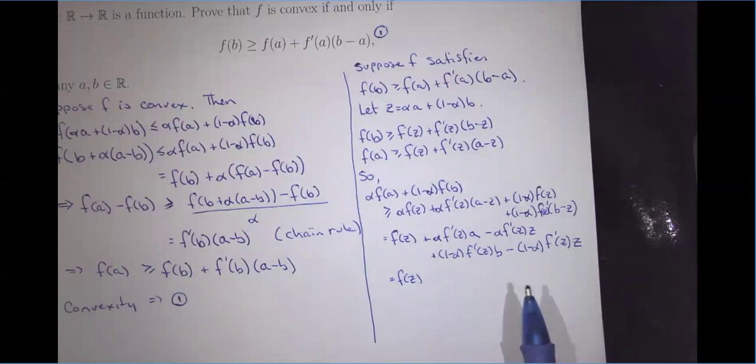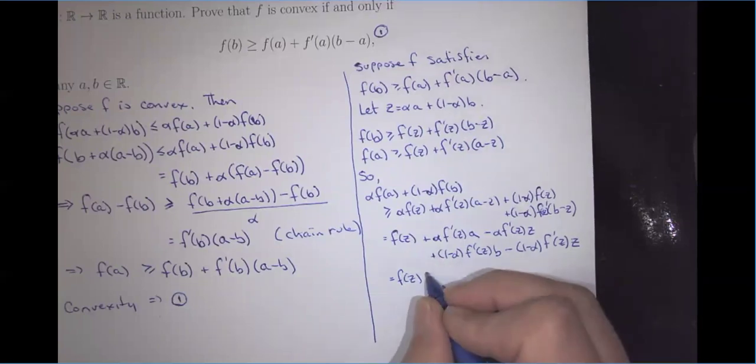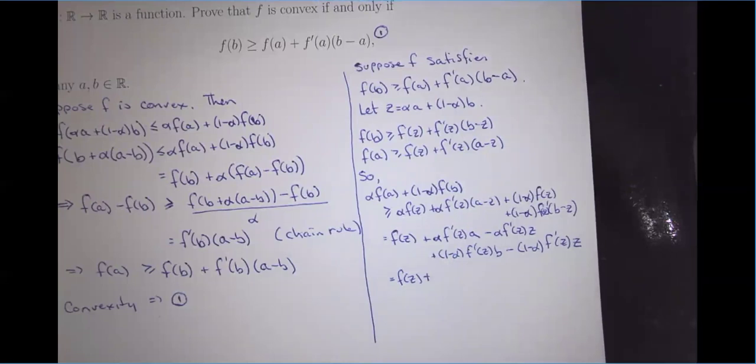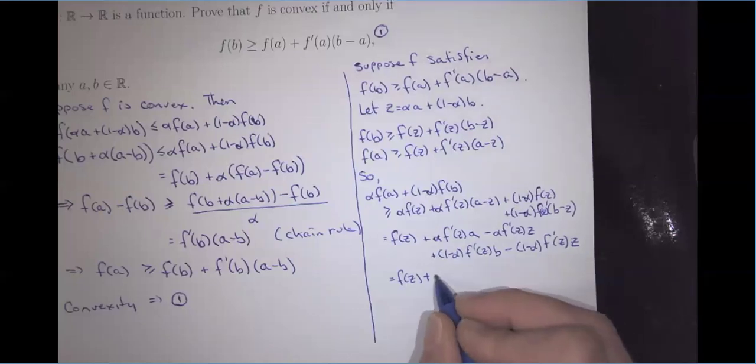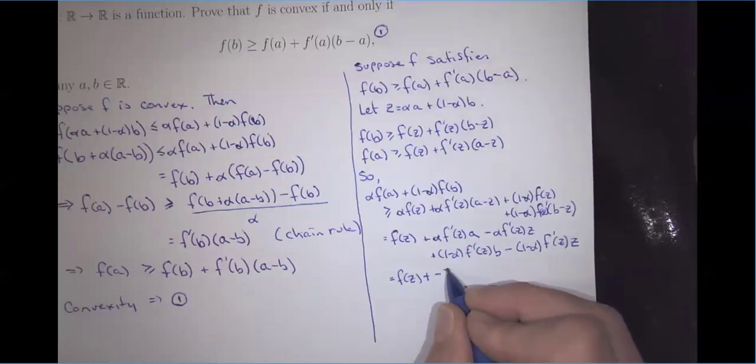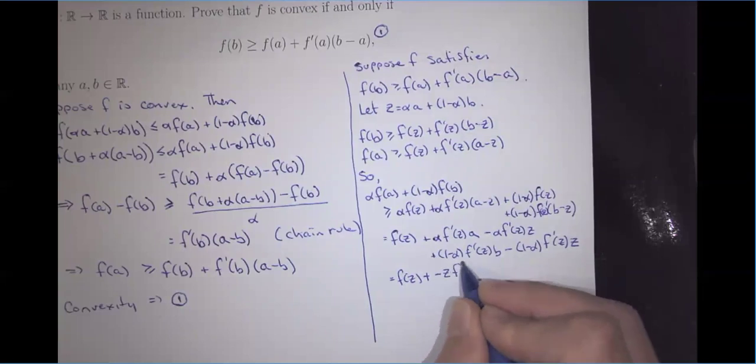Well, maybe I want to do this a little bit differently. But if we add it up, we should end up with, let's look at the z's. We've got negative alpha f prime of z times z, minus 1 minus alpha f prime of z times z. So we should have a negative z f prime of z.